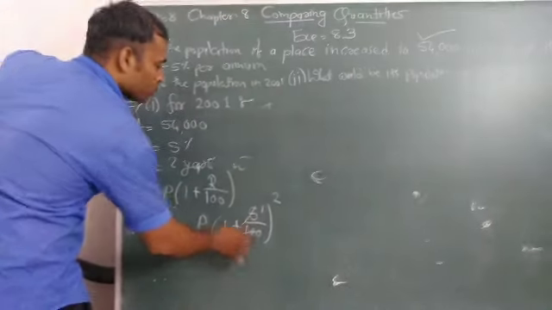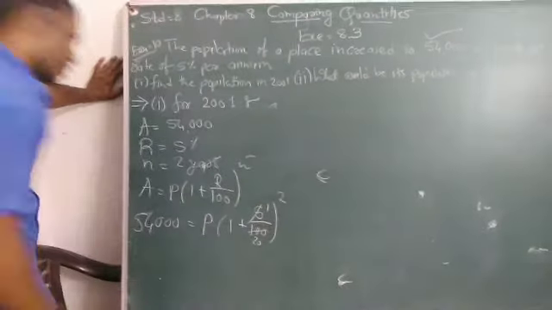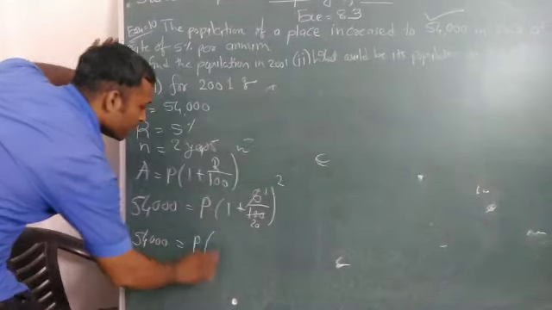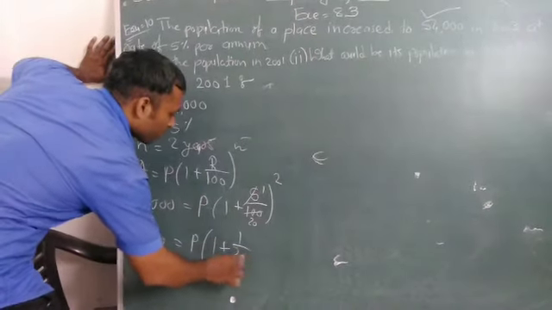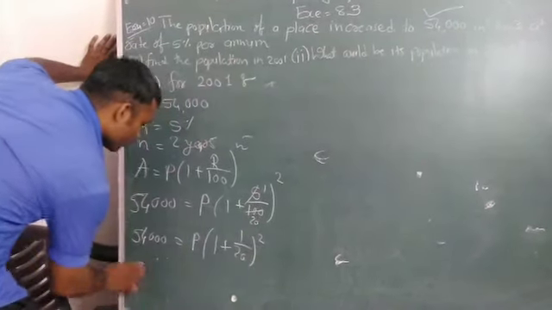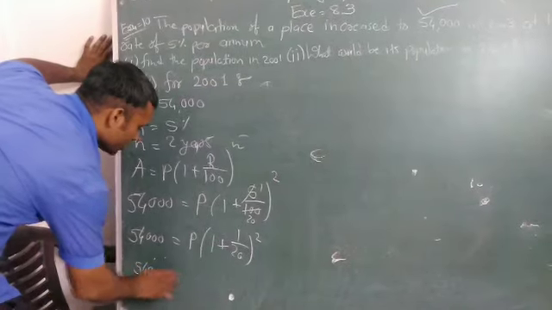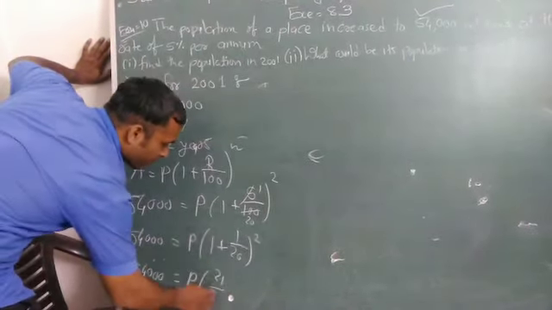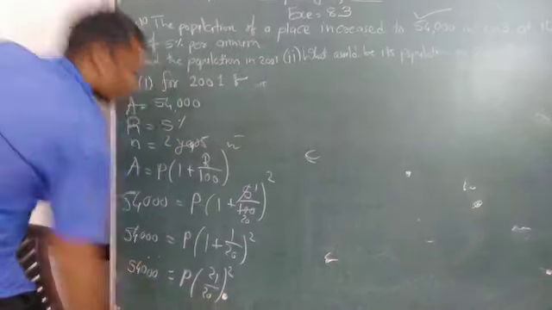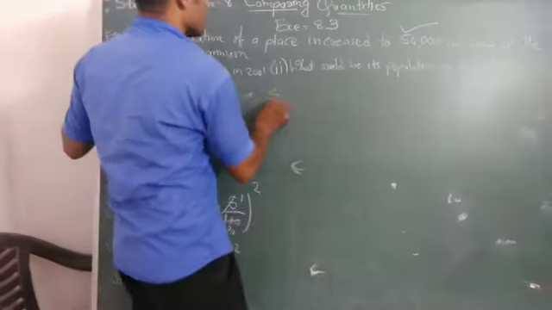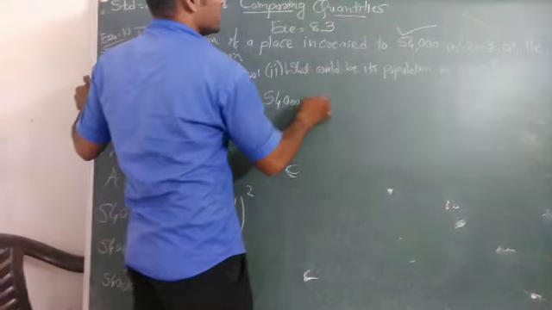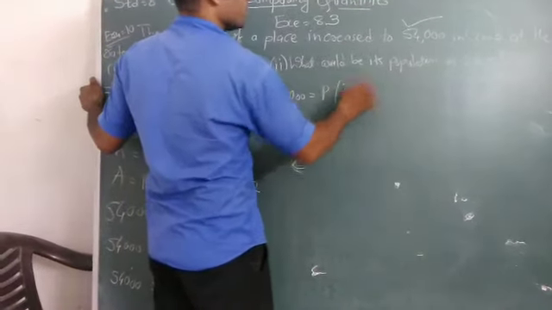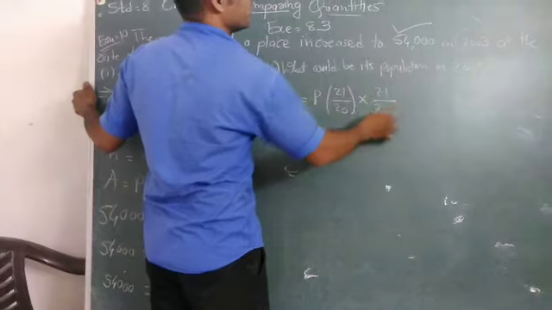5 ones are 5, 5 20s are 100. So now 54,000 is equal to P in bracket 1 plus 1 upon 20 raised to 2. 21 is 20 plus 1, so 21 by 20 raised to square. 54,000 is equal to P in bracket 21 upon 20 multiplied by 21 upon 20.